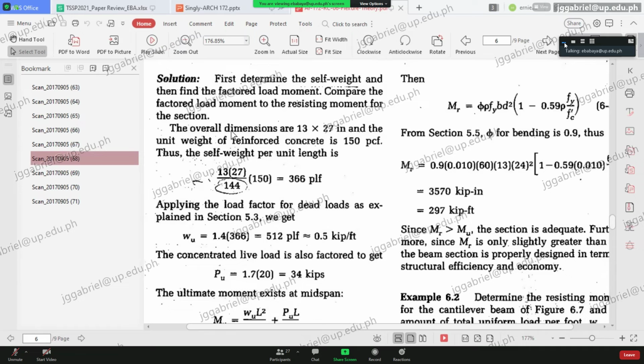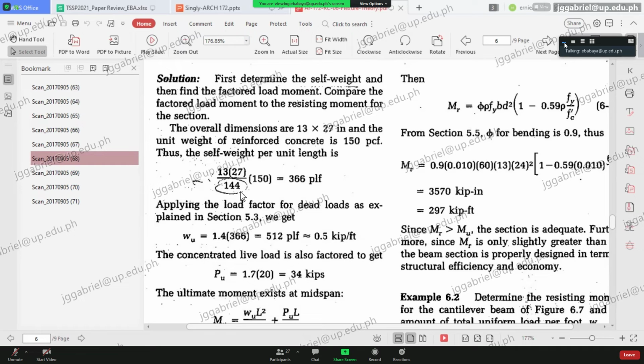Okay, it says here it has an overall thickness of 13 by 27 inches, and the unit weight of reinforced concrete is 150 pounds per cubic foot. So this is how we compute it now. 13 times 27, 27 is the total height, so times 150, that's the pounds per cubic foot, all over 144.